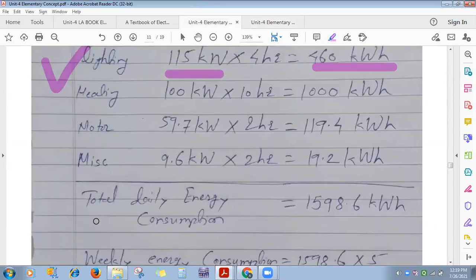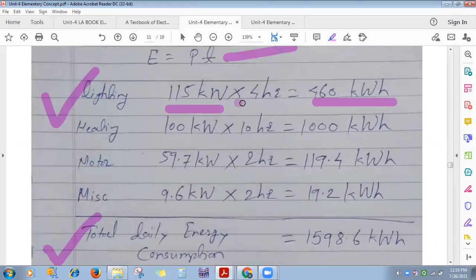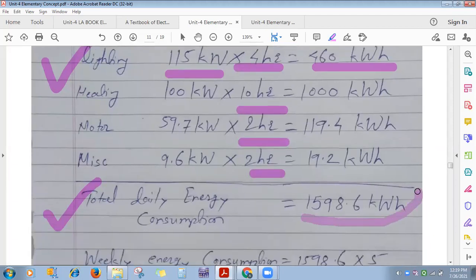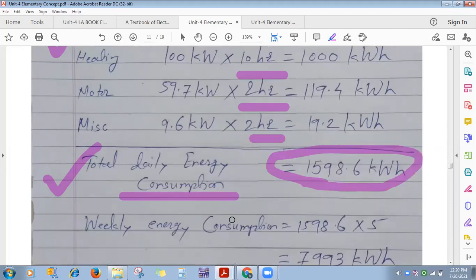Whatever we have calculated is per day, for 1 day. And you have been asked to calculate weekly energy consumption, but in a week it's 5 day, 6 day, or 7 day working.